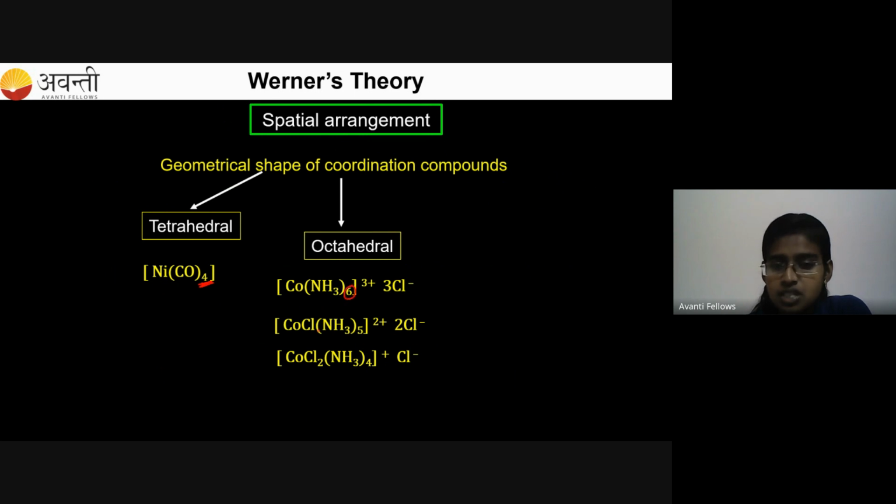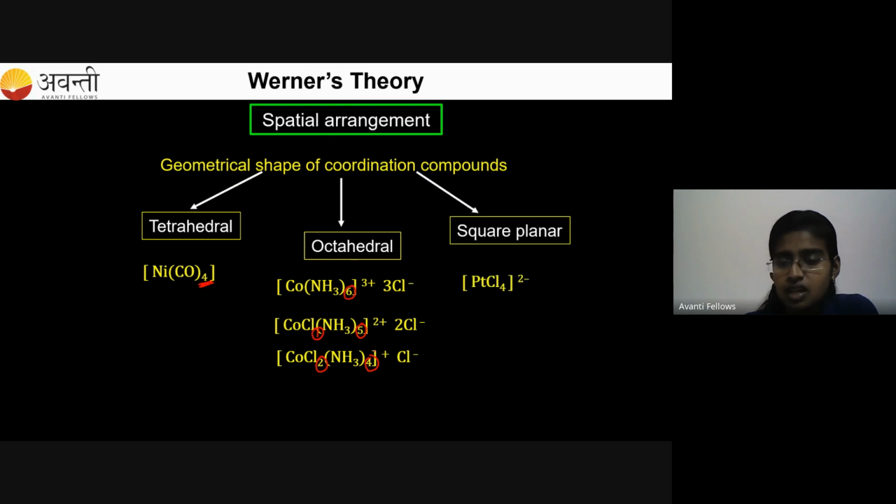In the first case, all 6 are NH3. In the second case, 1 is chlorine and the others are NH3. In the third case, 2 chlorine and 4 NH3. Basically, the number of atoms or groups of atoms attached to the central metal atom is 6, the coordination number is 6, then it is called octahedral.